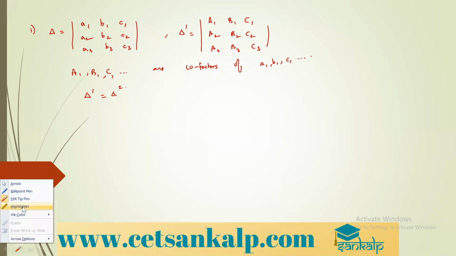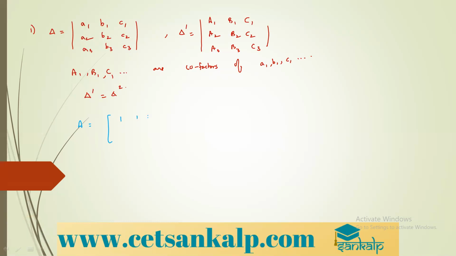How are we going to use this formula? Let us take A as matrix 1 1 0, 1 2 1, 2 1 0. And now we are taking this second formula.